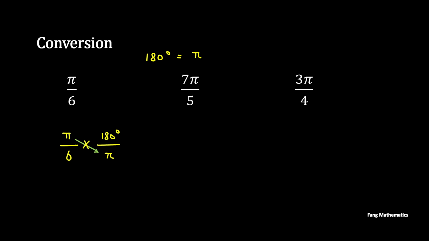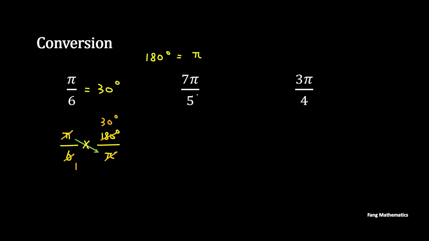Let's now perform the division. Pi divides with pi, leaving you 180 degrees over 6. So I believe they both can be divided by 6, leaving you 6 as 1, and 180 degrees as 30 degrees. You have converted pi over 6 into degrees, that is 30 degrees.